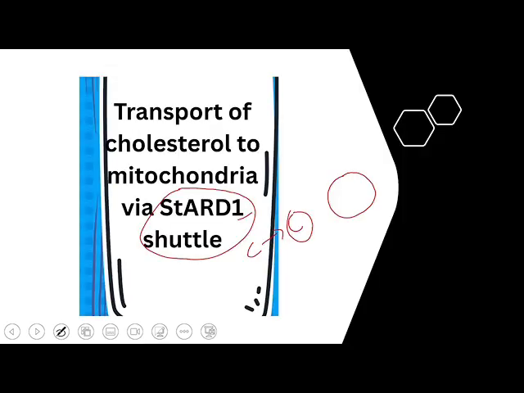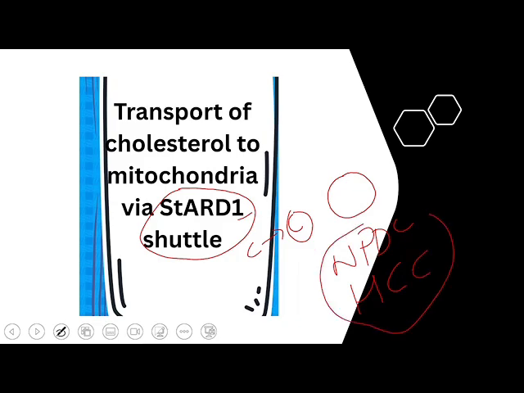So if there is any dysregulation of the gene which encodes the STARD1 shuttle, or dysregulation in the activity of the STARD1 shuttle, then this may lead to pathological conditions like Niemann-Pick disease type C. And next, it can cause hepatocellular carcinoma. Such pathological conditions may appear when there is dysregulation of this STARD1 shuttle.